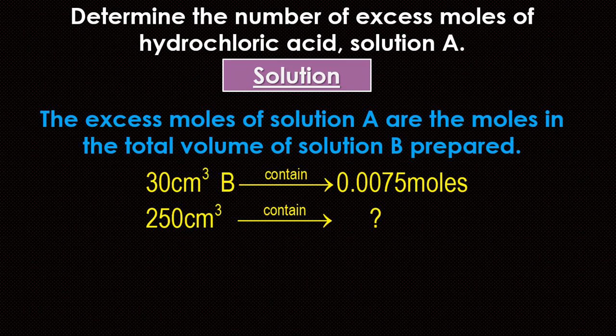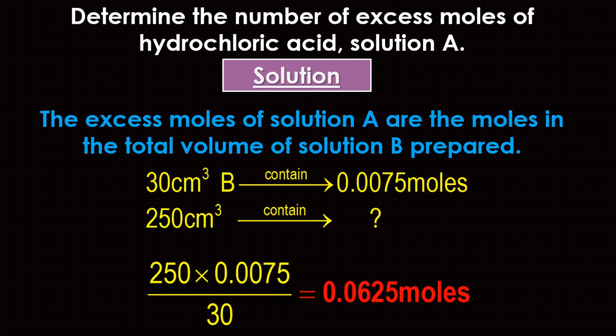What about the whole amount that was prepared? 250 multiplied by 0.0075 all over 30 gives us 0.0625 moles as the total number of moles of hydrochloric acid that were in excess.